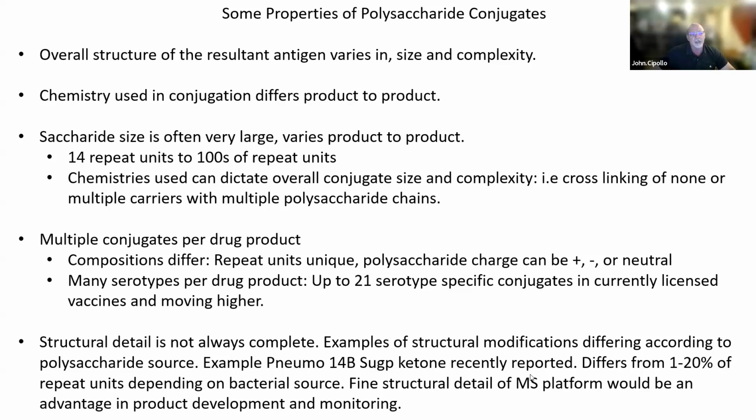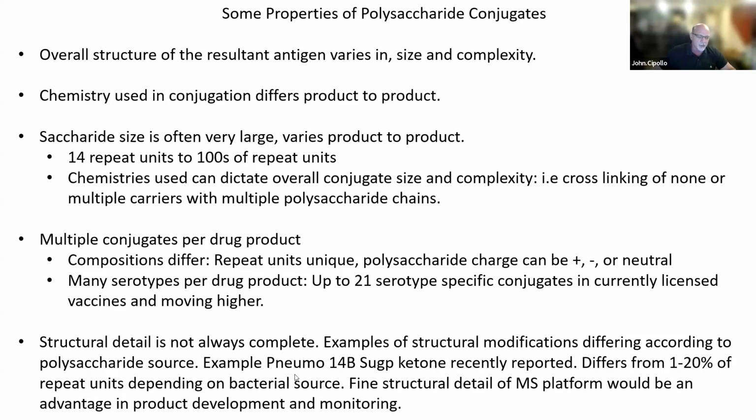The structural data in the traditional techniques is always incomplete. There's a lot of background development work that goes into really defining these things. But if we had something that really digs deeper into the fine structure of the intermediates, the drug substances, and the drug products, this may better inform us, for instance, in differences not expected.